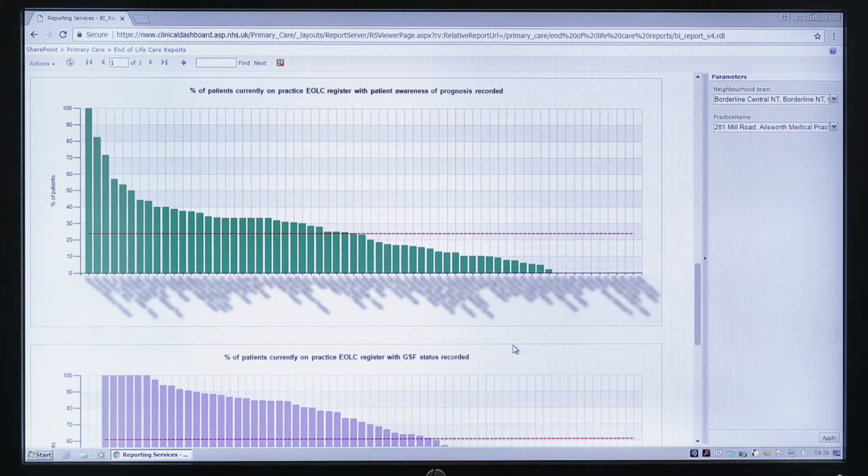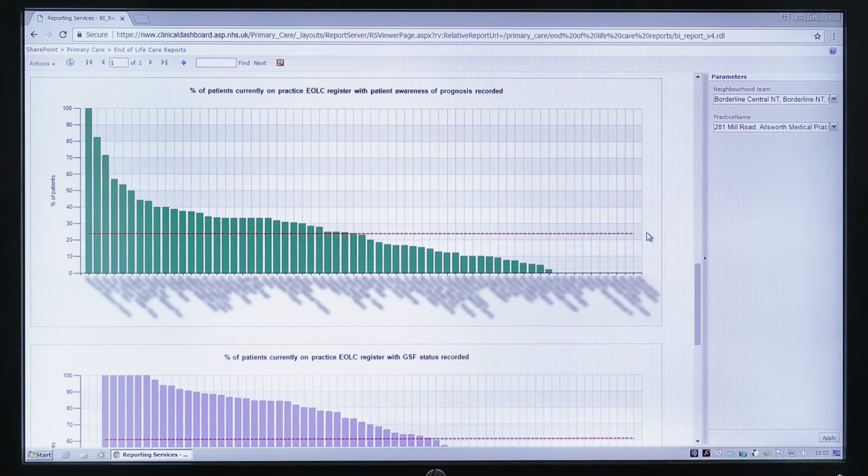Third metric is live patients on the end-of-life care register in whom whether the patient is aware of prognosis has been recorded or not. Big spread, CCG average just over 20%.